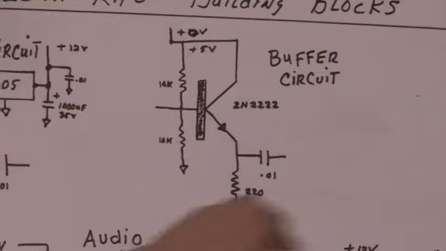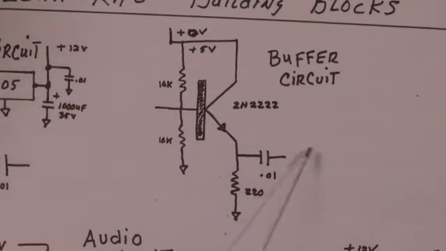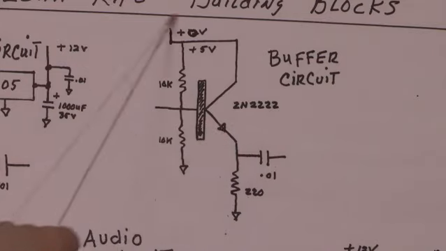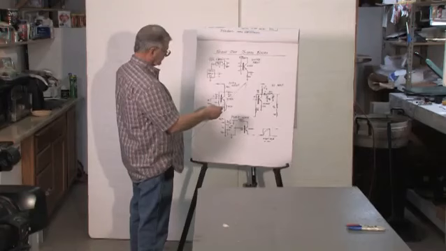So it's going to drive the RF circuit from this point here. And these are just common variety transistors. This can be a 2N2222, a 2N4401, or anything that's got a high HFE, which is high frequency gain bandwidth. And so this becomes your buffer circuit, and this is going to drive your RF amplifier.